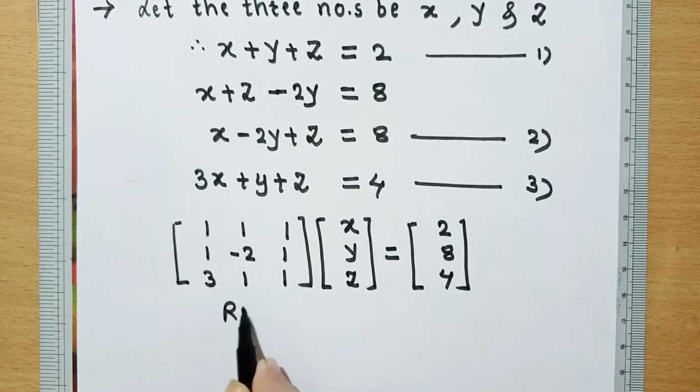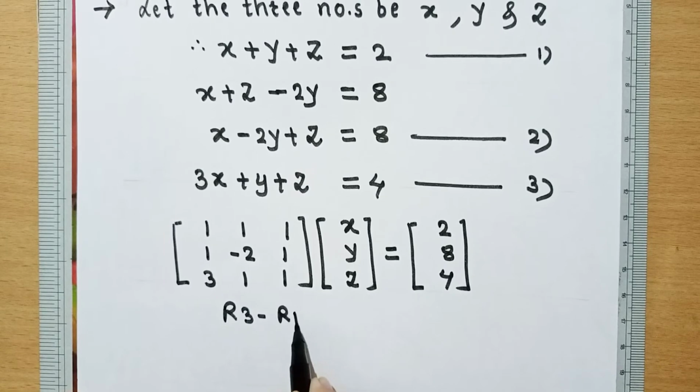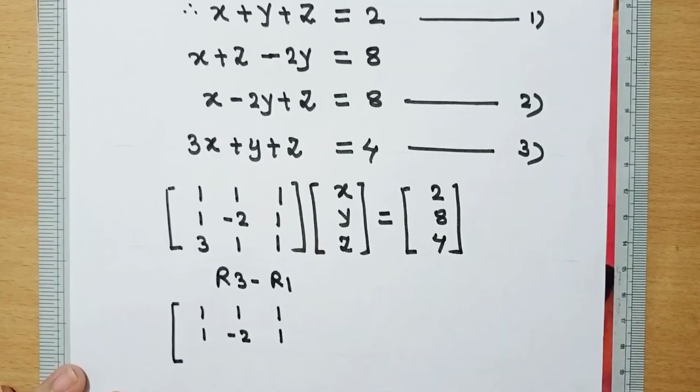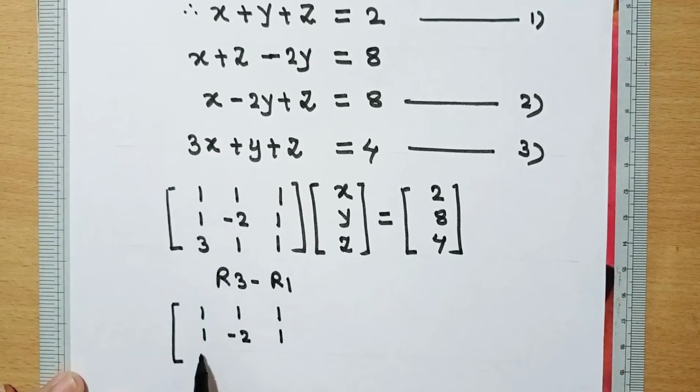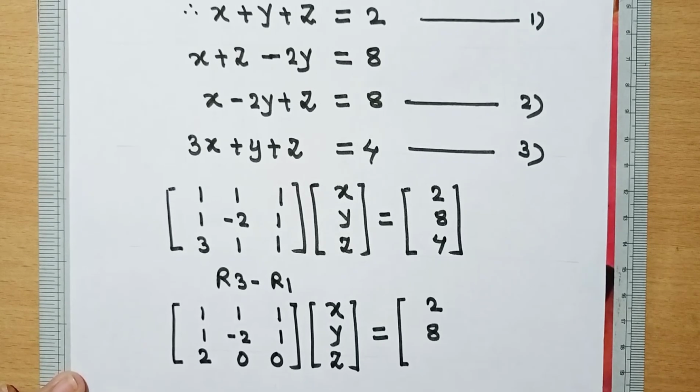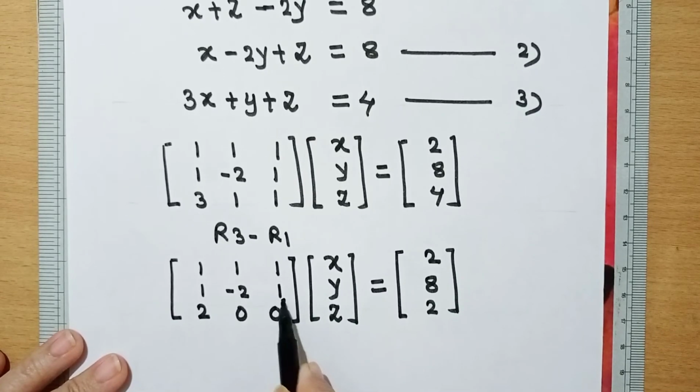So R3 minus R1 gives, write down the first and second row as it is, 3 minus 1 is 2, 1 minus 1 is 0, here also 0, x, y, z, and the first two rows as it is, and 4 minus 2 is 2. Now we will make this element 0.